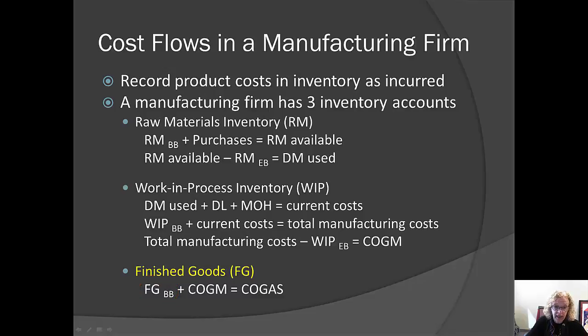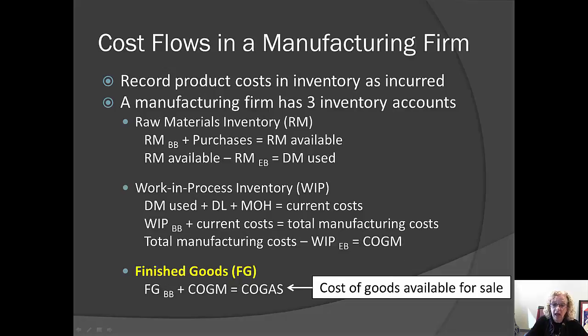but they didn't get sold yet. We add to that the cost of the goods that we manufactured in this period, and altogether that gives us what's called cost of goods available for sale. That's the dollar value of all of the goods that we could sell to our customers during the period.